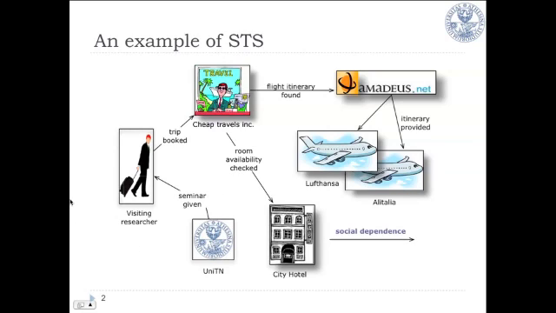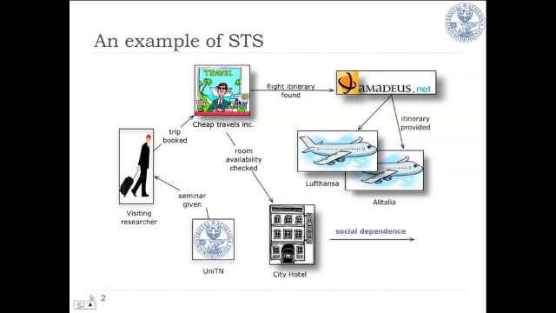On the other hand, this whole chain of interaction starts because the primary purpose of the researcher is to come to Trento and to give a talk, and this is set because he interacts with the university to set a seminar date and to establish all the logistics to come all the way here. And all these arrows that you see are basically the interactions between the different components in the system, because they have to rely on others.